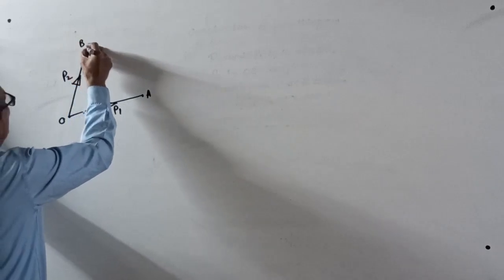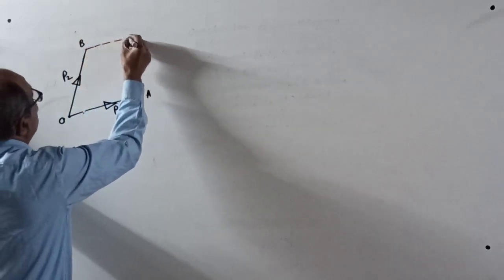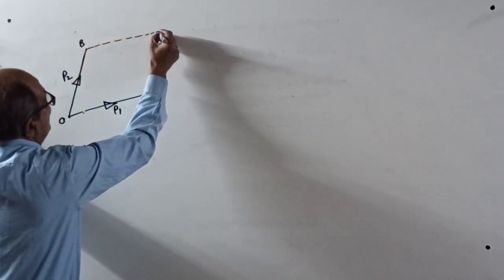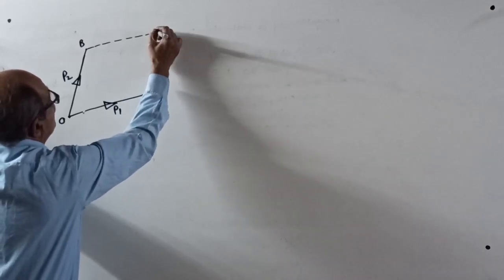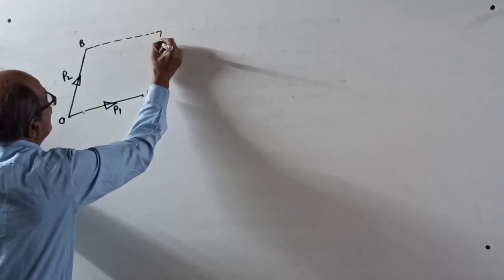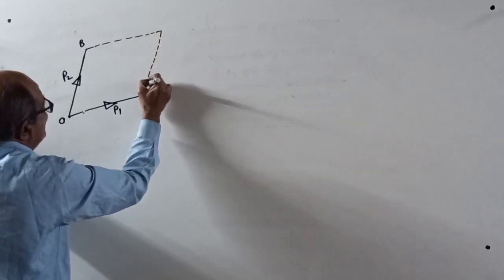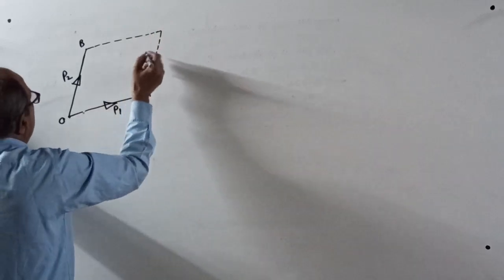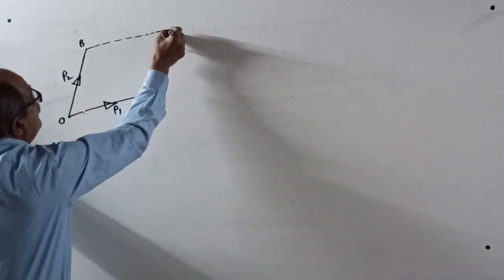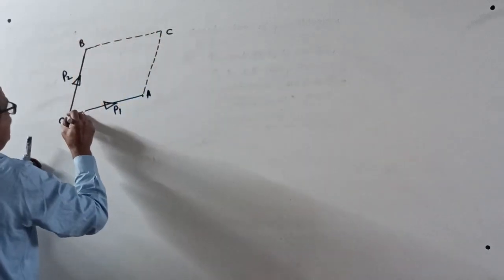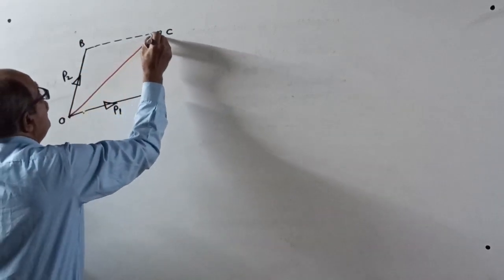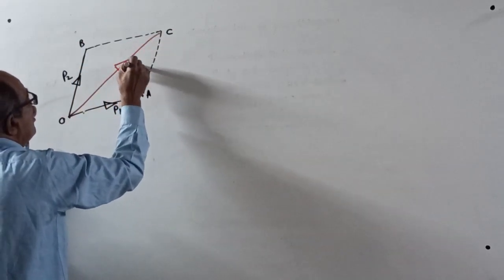Then I told you to complete the parallelogram. Complete OA, CB. Then this is the resultant. You know this already. I won't write the law once again.